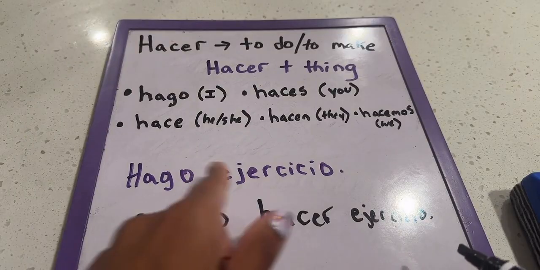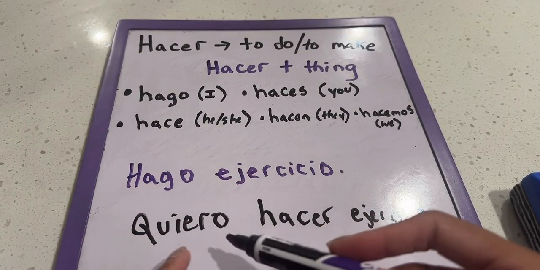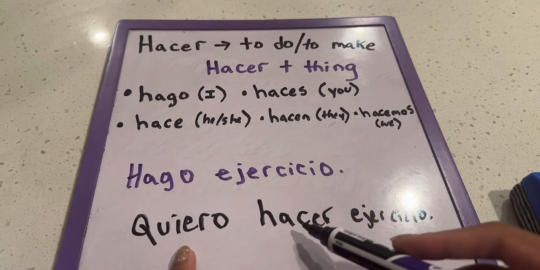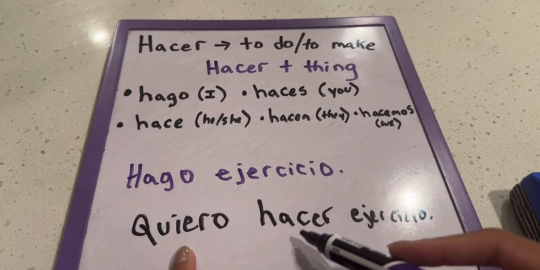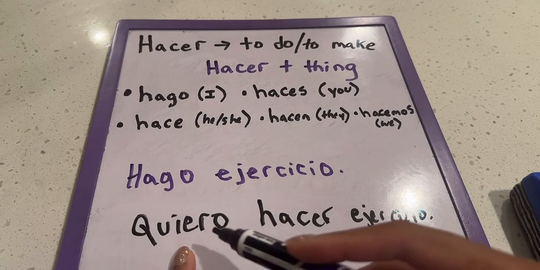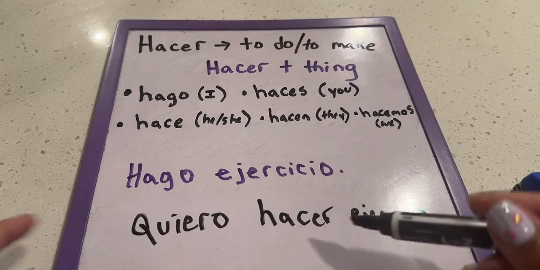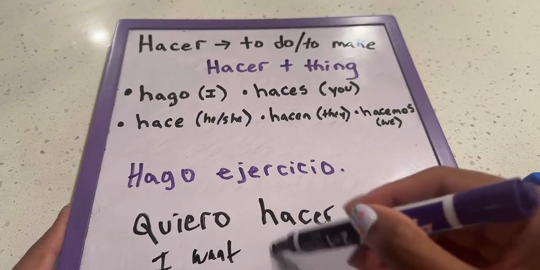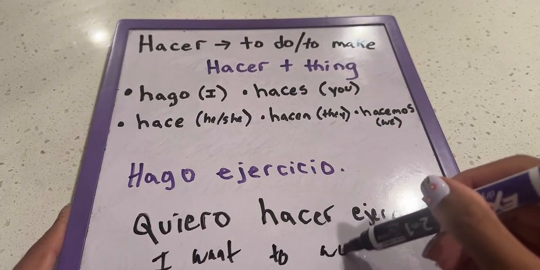So now I work out can be turned into I want to work out, because remember, when the verb is conjugated, the second one has to be left in the infinitive. That's why this changed back into the infinitive. So quiero hacer ejercicio. Now we can put it together and say I want to work out.